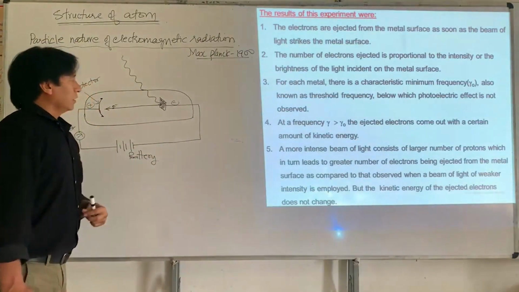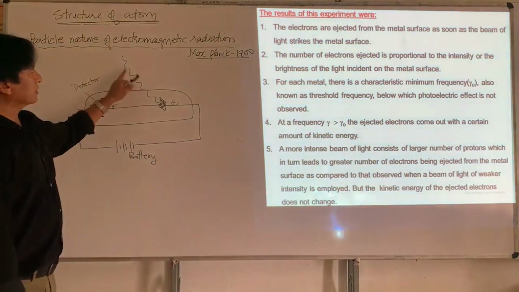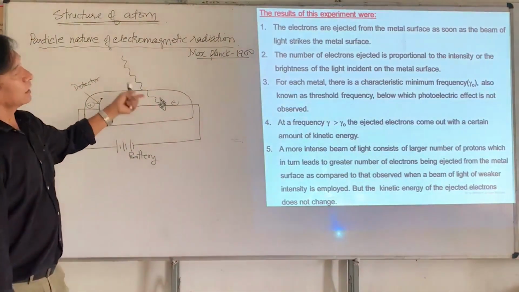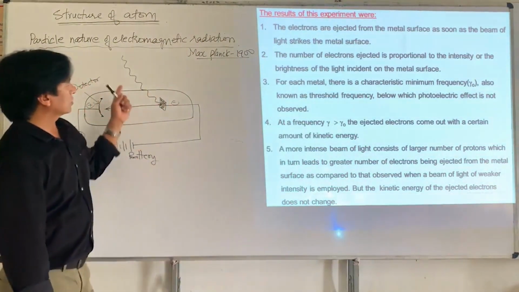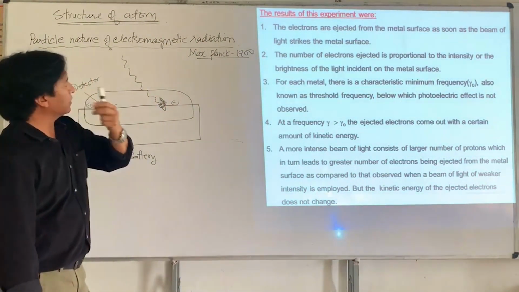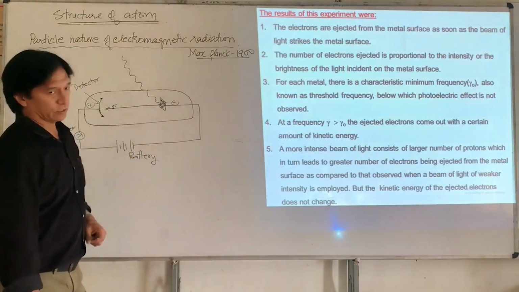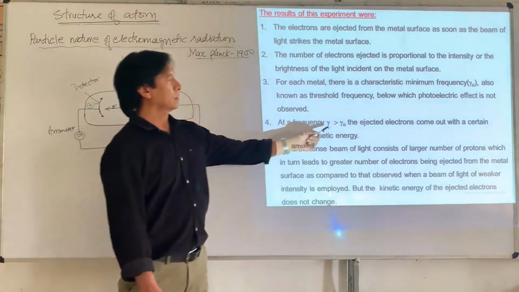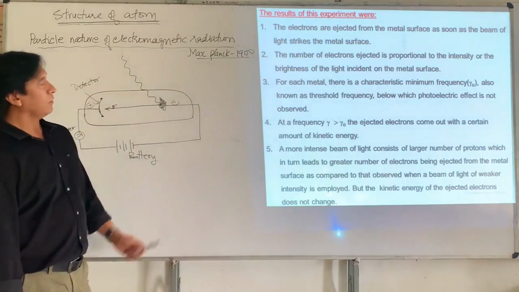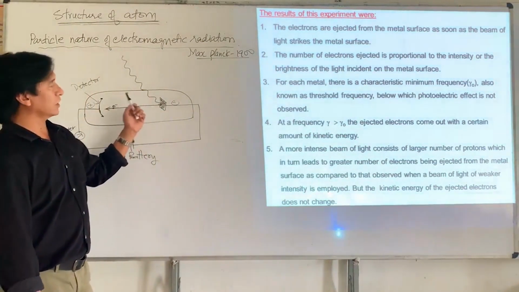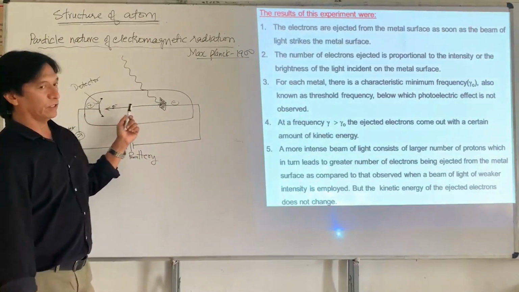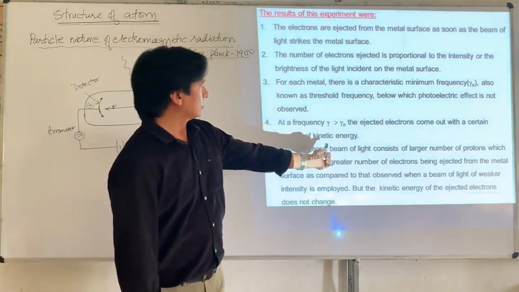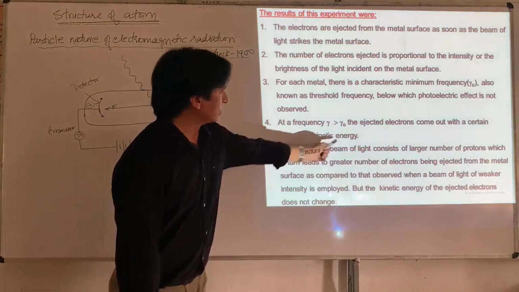If the frequency of the ray of light striking the metal surface is less than nu naught, the threshold frequency, then there will be no electrons ejected. But if the frequency is greater than nu naught, then photoelectric effect will be seen, or photoelectrons will be ejected from the metal surface, and they will move with this kinetic energy.